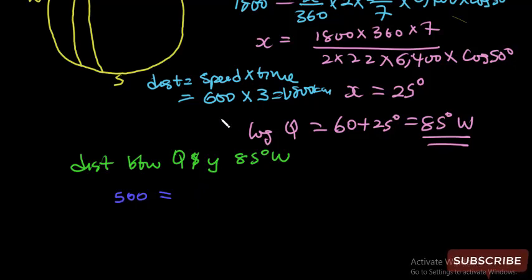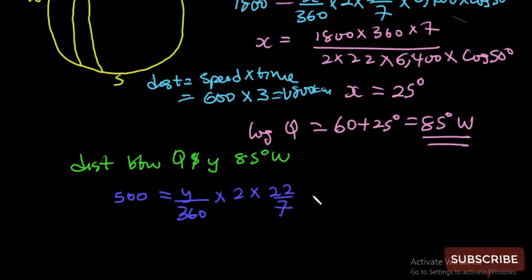Then the difference in the latitude, we don't have that. Let that be Y, to be divided by 360, then times 2 pi. The pi, we have that as 22/7, then times the radius, which is 6,400.